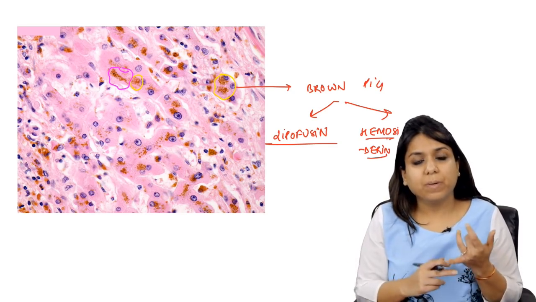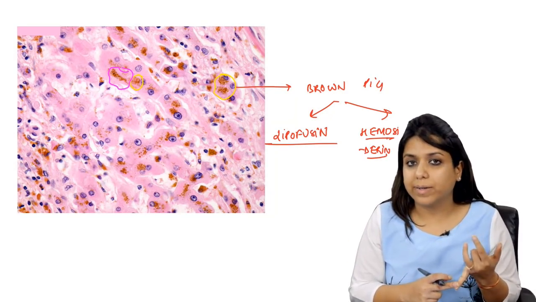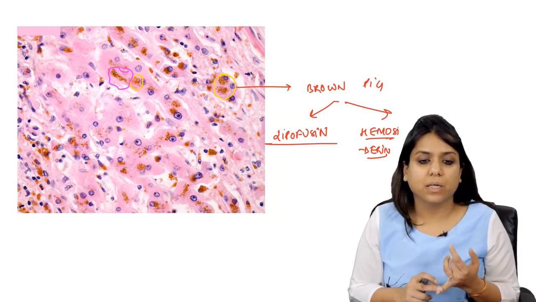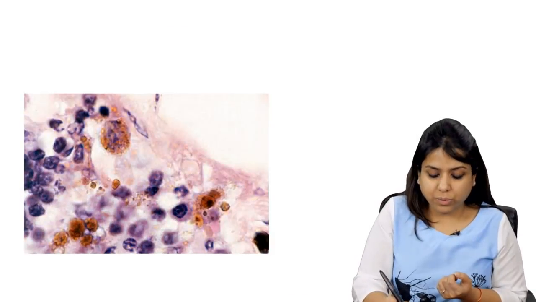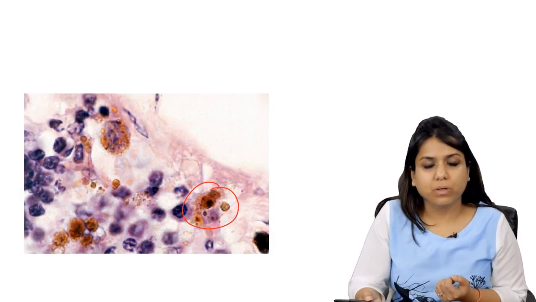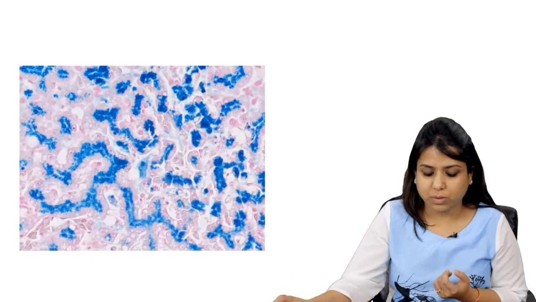If the patient is an aging patient, you will mark it as lipofuscin. If there is a history of iron overload, you will mark it as hemosiderin. Again, this is a brownish pigment, also either hemosiderin or lipofuscin.